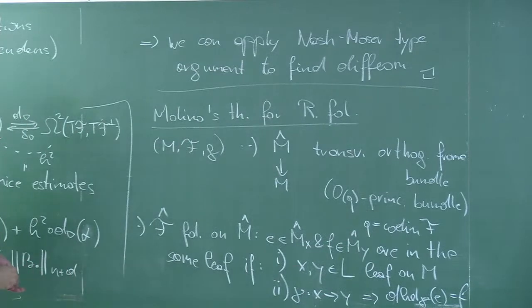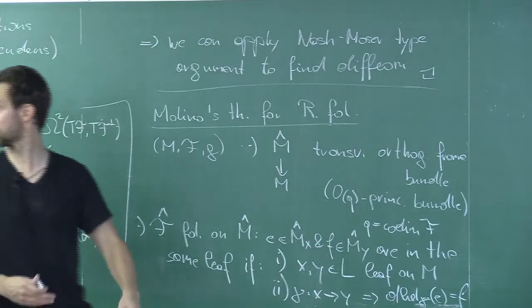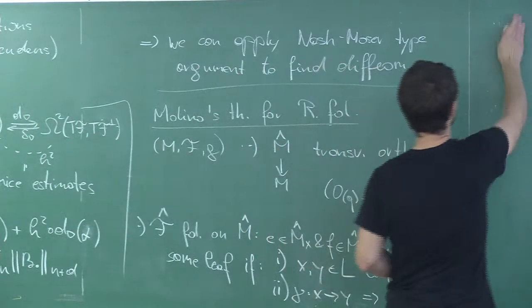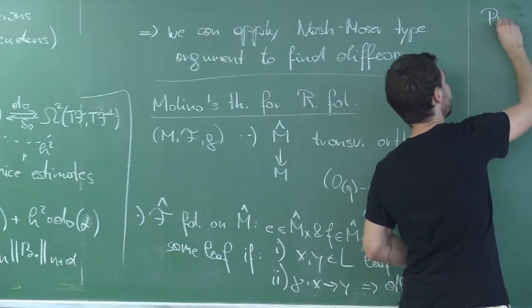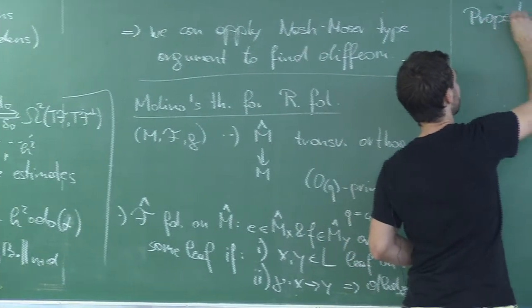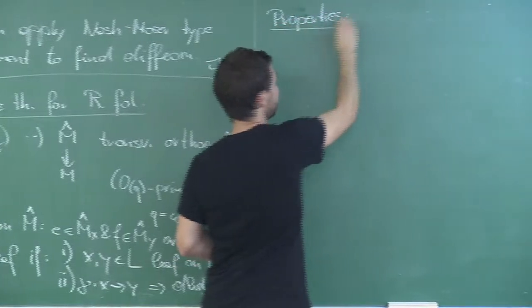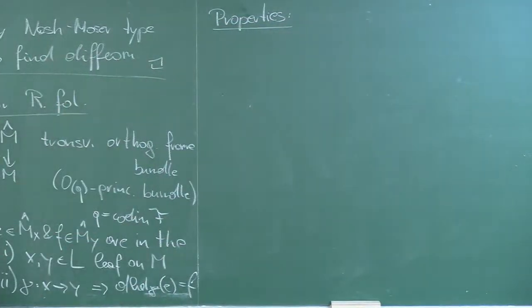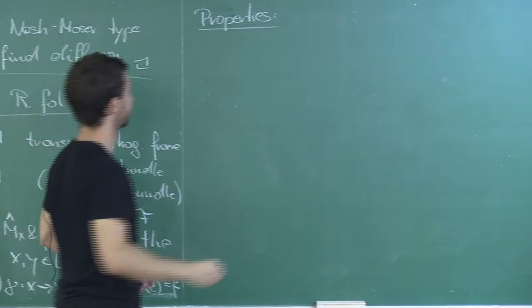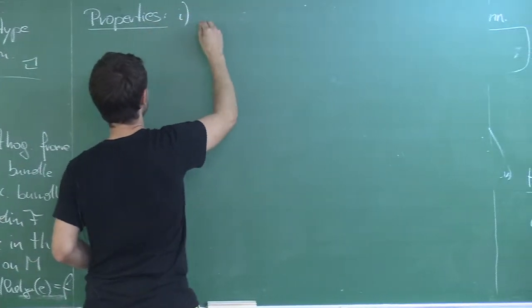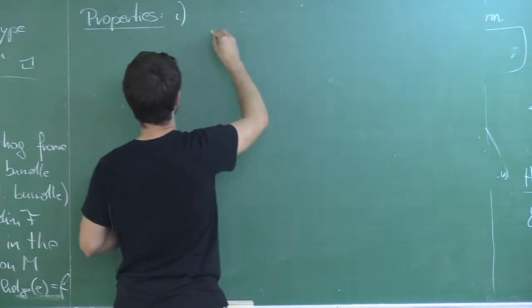Beautiful. Okay, and now, since our time is limited, let me just write down a couple of properties. So first of all, this foliation will be invariant with respect to the action.